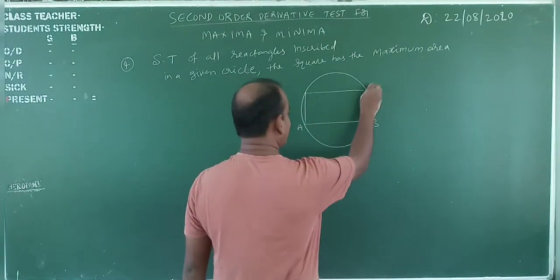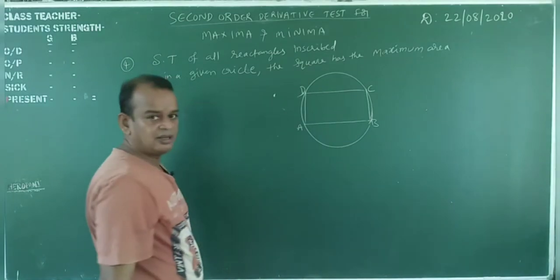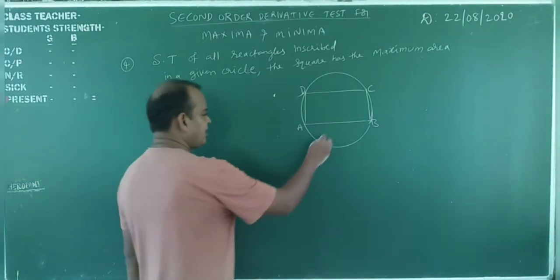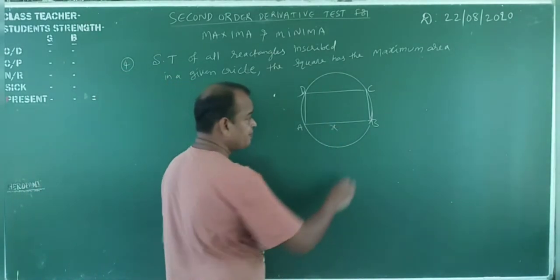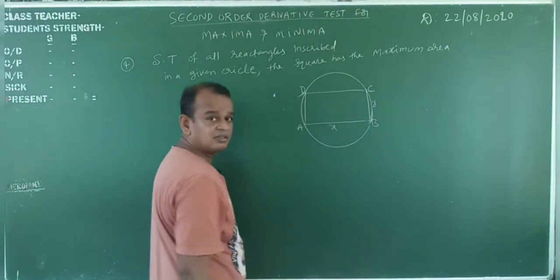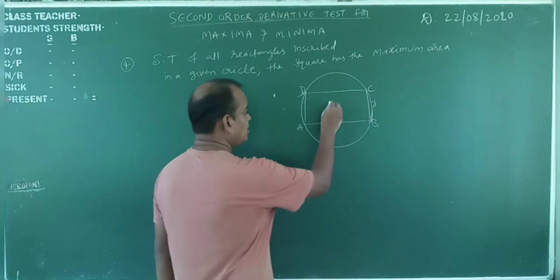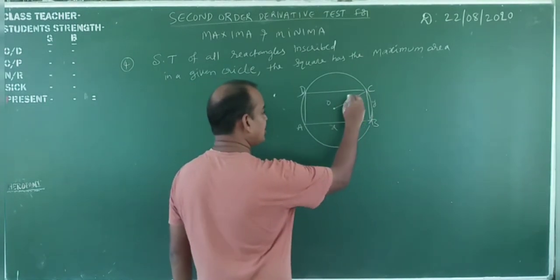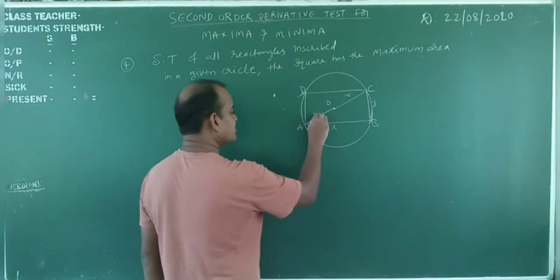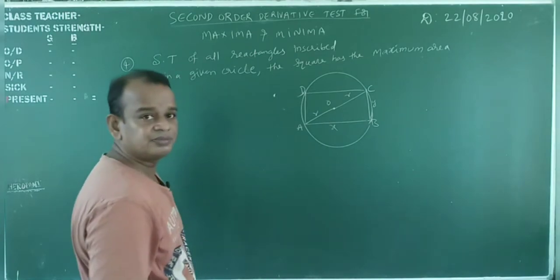ABCD is a rectangle inscribed in the circle. This is the length, this is the breadth. Here, 100% this is the center of the circle, and this is called the radius. AC is the diameter, that is 2r.